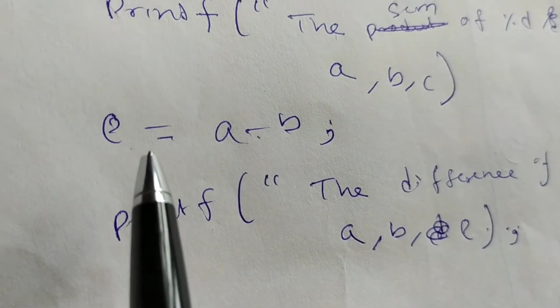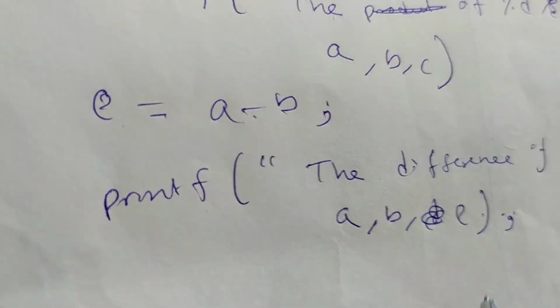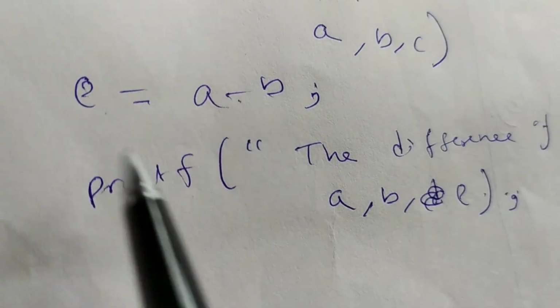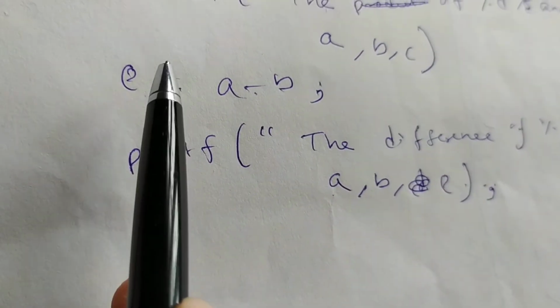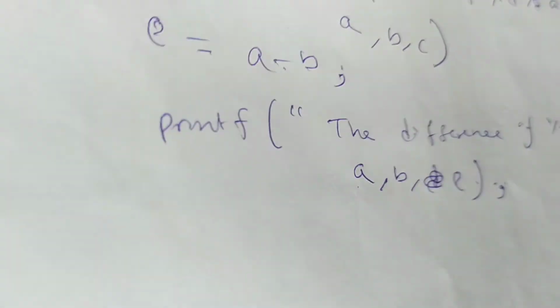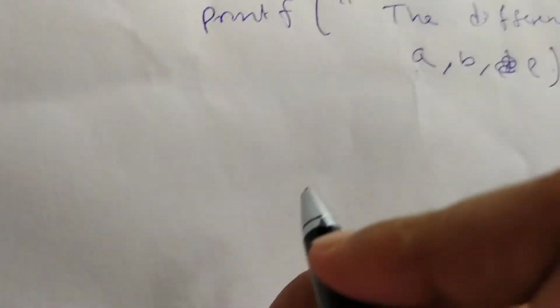Here a, b and e are involved, so while printing the value e, I am using a, b and e, because e is nothing but the difference between these two variables.